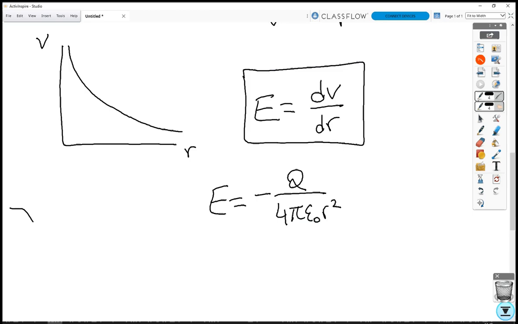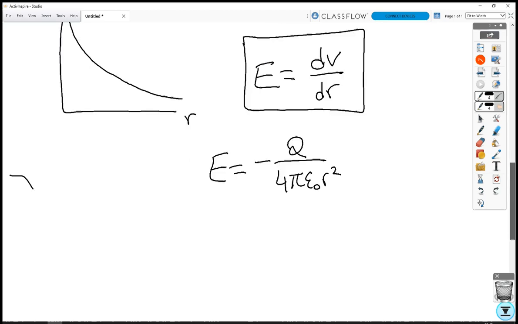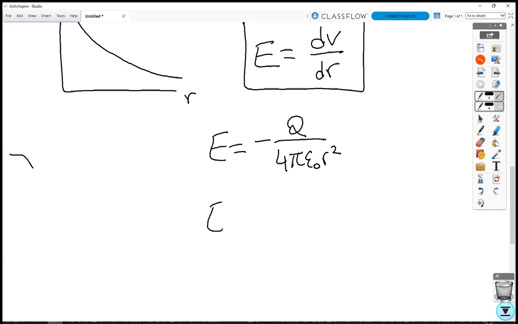If we were to ignore the negative sign, so we only look at the magnitude, we get that the magnitude of E is equal to Q over 4 pi epsilon naught r squared. This can also be written as, because Q over 4 pi epsilon naught r is equal to V, minus V over r.